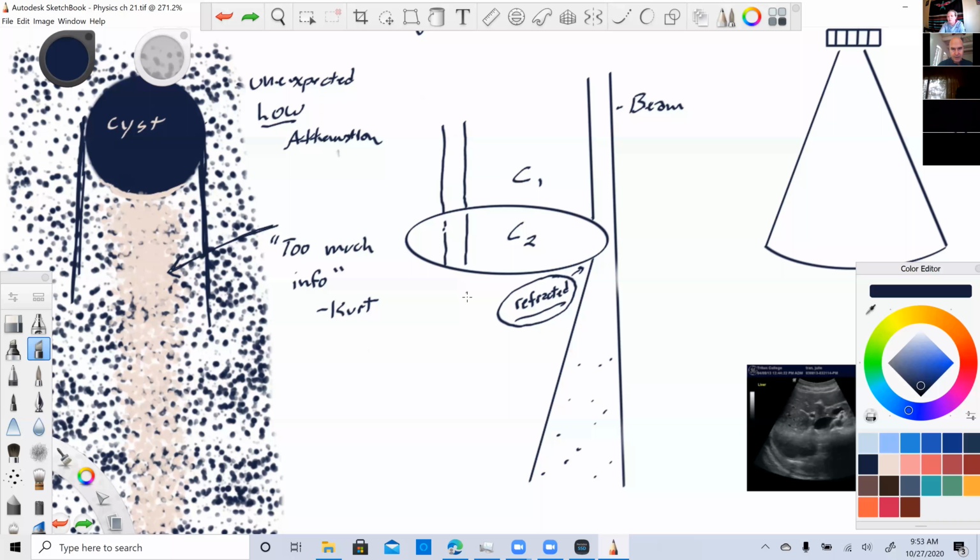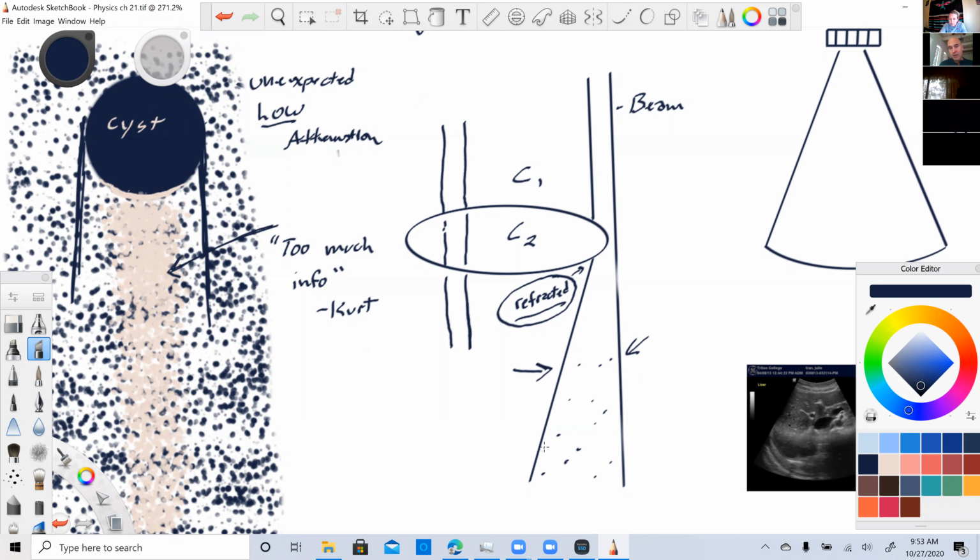We'll just say that this is very slightly changed, but I didn't even really draw it that way. It's hard to do. Very, very slight change in direction, and the beam is uniformly changed. It all changed direction. But on the edge, part of the beam went straight. Part of the beam was refracted, but it's still one beam.